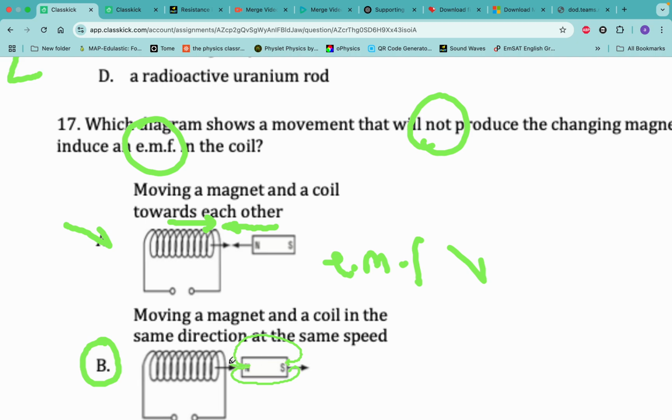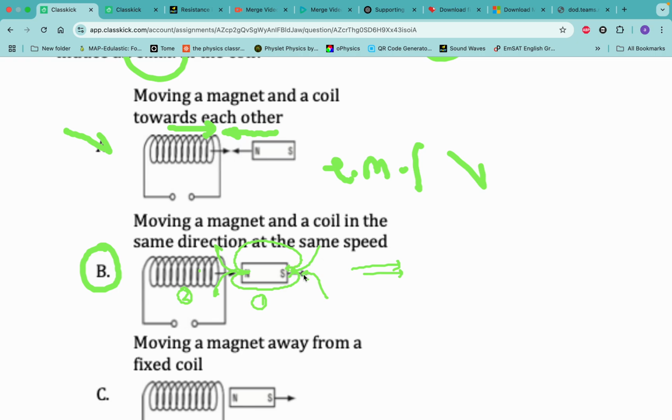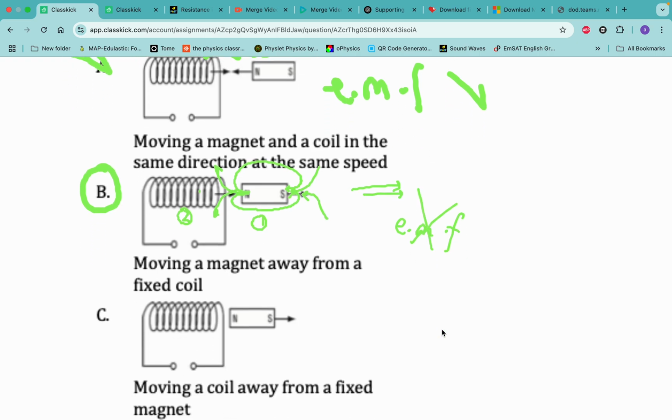So out of north into south. When the magnet and coiled wire move in the same direction, this means magnetic field created by this magnet will not be cut by a coiled wire, so no EMF will be induced.